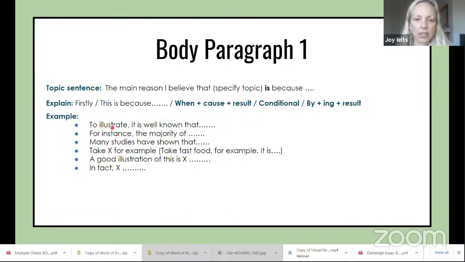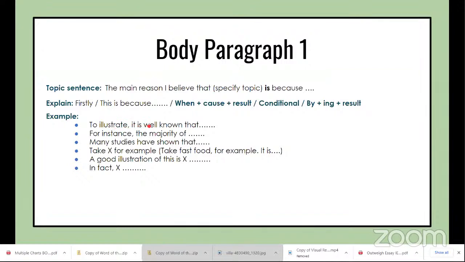So we say, to illustrate, it is well known that, but we don't say 37% of people, according to the London Times newspaper, we don't do that. That's memorized. So the examiners will take that mark, those words off your essay. So to give examples, we keep it general.